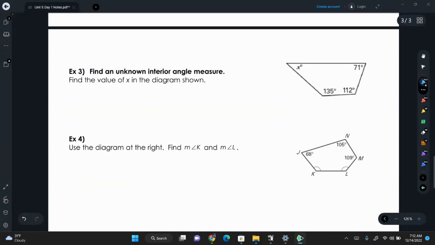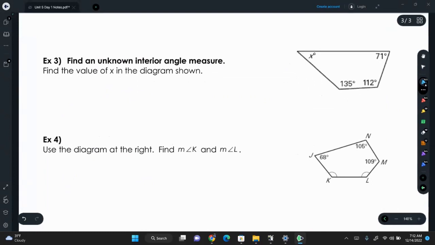All right, so on these problems here, we can see that this is a four-sided shape. So these four angles must add to 360 degrees. Plus x equals 180.